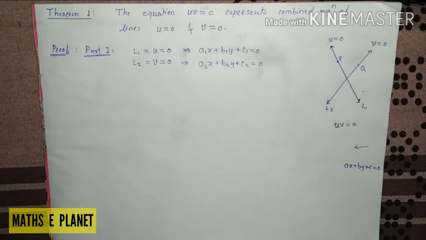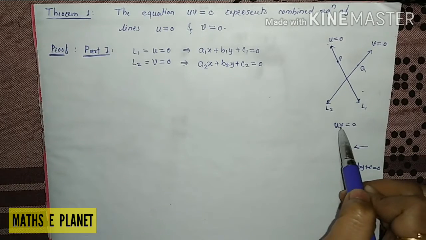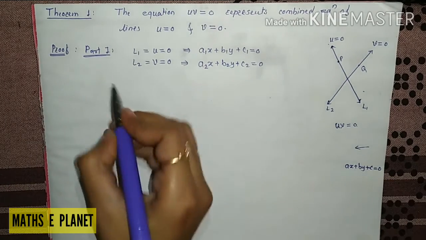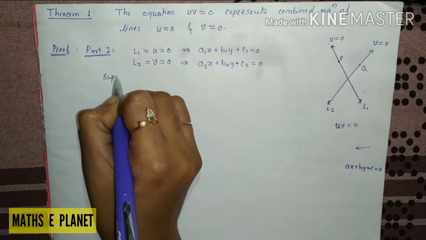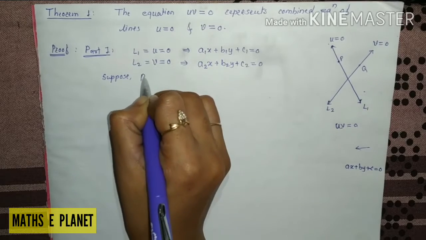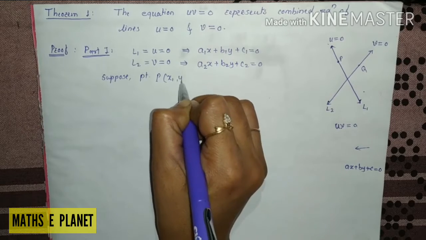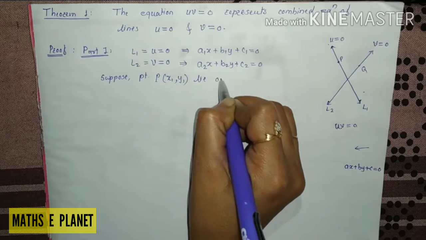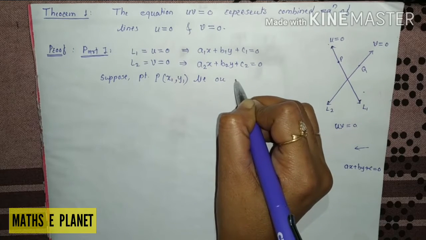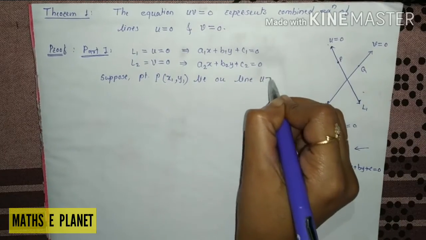Suppose these are the two equations of these two lines. In the first part we have to show that any point on this equation lies on the locus u into v is equal to 0. So suppose that point P with coordinates x1, y1 lies on line u is equal to 0.